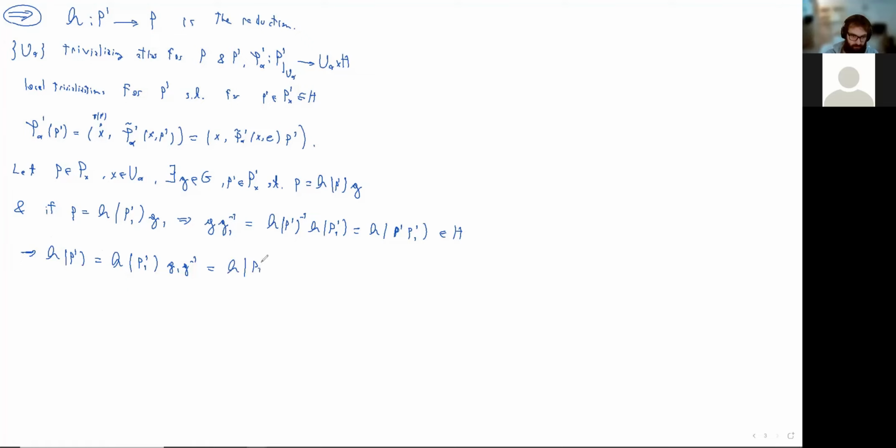So this is h of p1 prime g1 g inverse. But now h is injective, and because it's the reduction, we get that p prime is simply p1 prime g1 g inverse. Okay, so simply p prime g is the same as p1 prime g1. So even if p prime and g can be different to represent p, the product p prime times g was the same already in the bundle P prime.